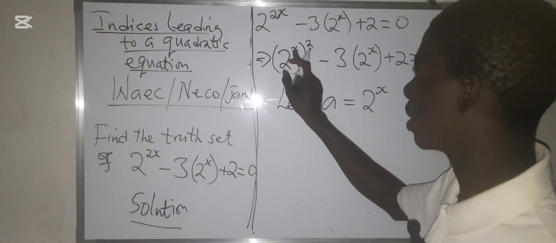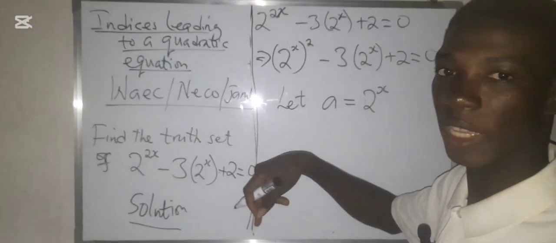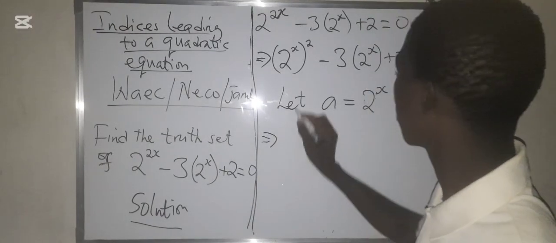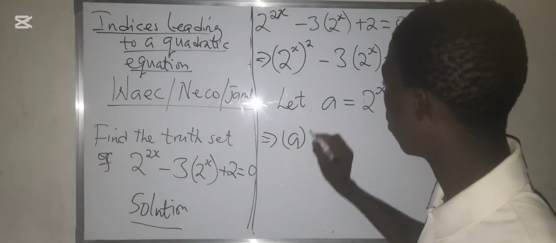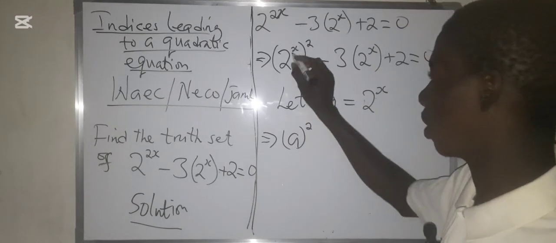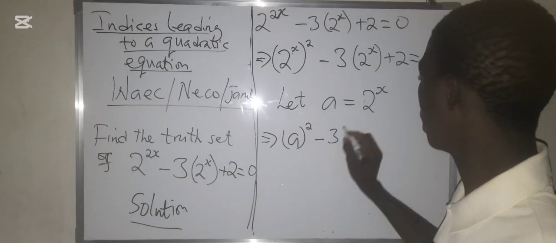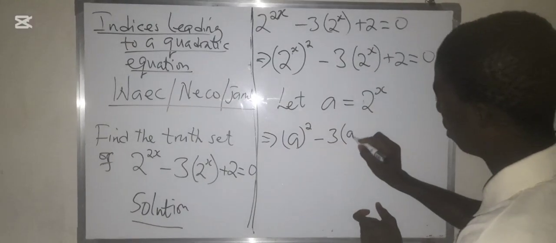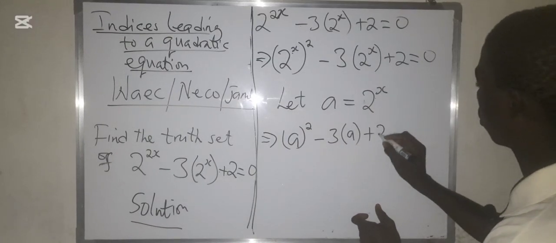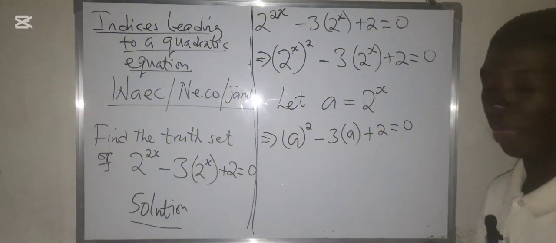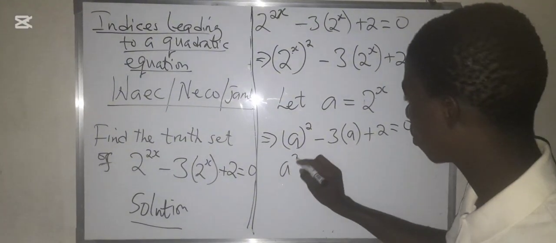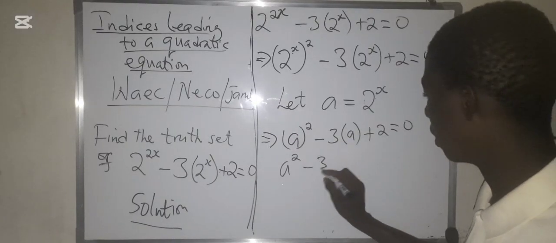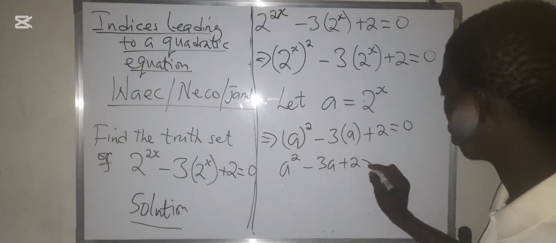We have 2^x here and 2^x here, and we substitute a there. That implies a^2 - 3a + 2 = 0.